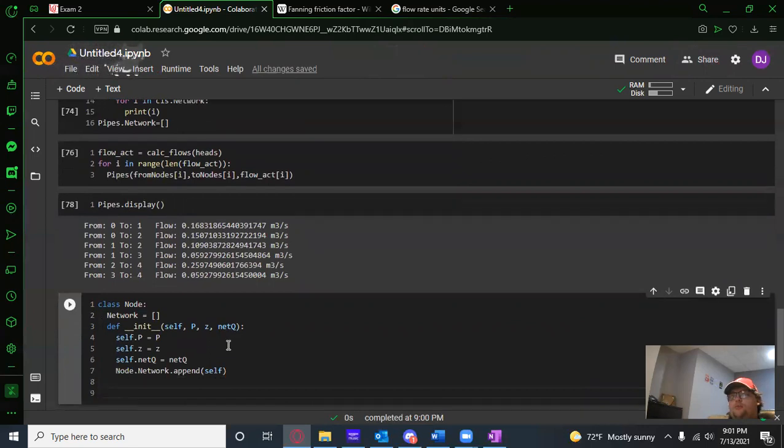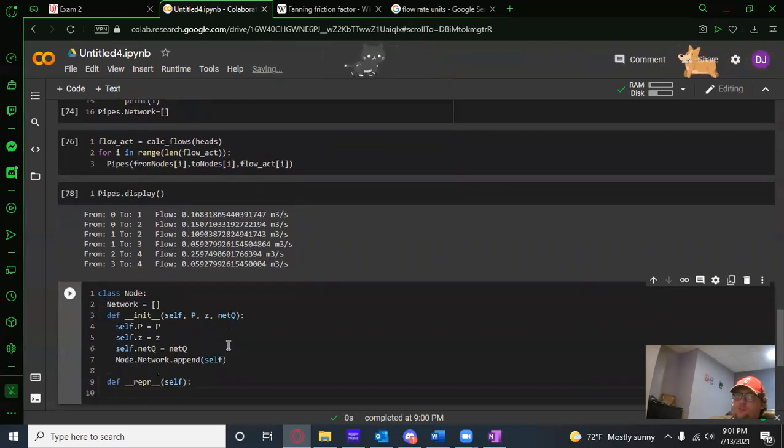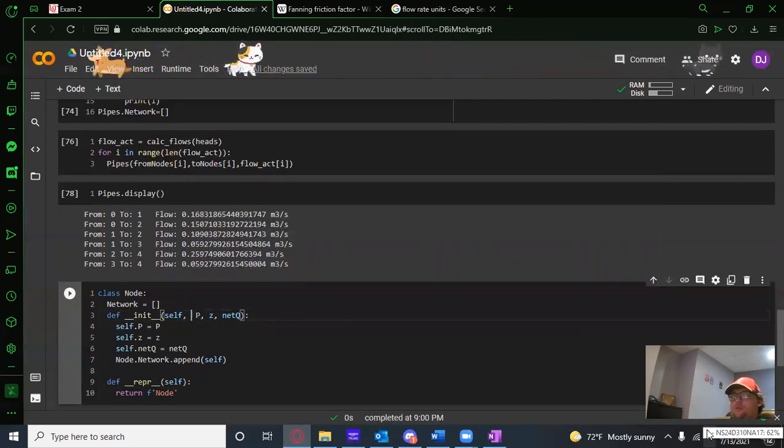Now, like we did before, we need to edit the built-in function represent. So we're going to return our string. You have our node. Just realized we didn't put, just call this the index.